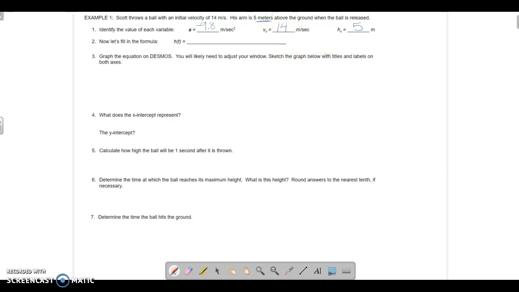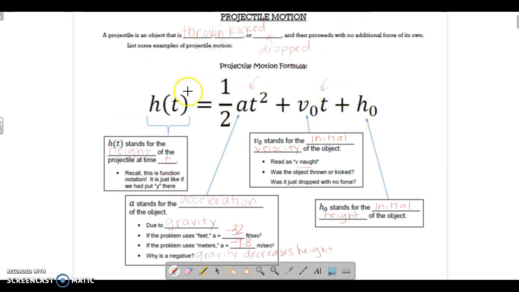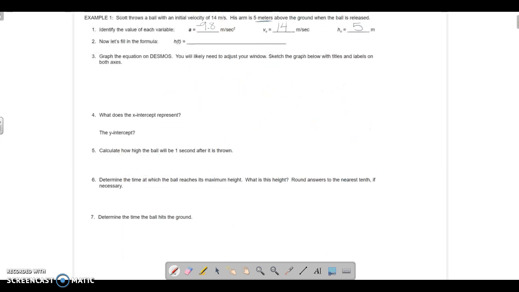So if we plug everything back into this formula, we're going to have h of t equals, so we always start with h of t equals, and remember it was 1/2 a t squared. So in this case, 1/2 of our a, which was negative 9.8, times t squared. So 1/2 of negative 9.8 is negative 4.9, and then we'd have t squared.